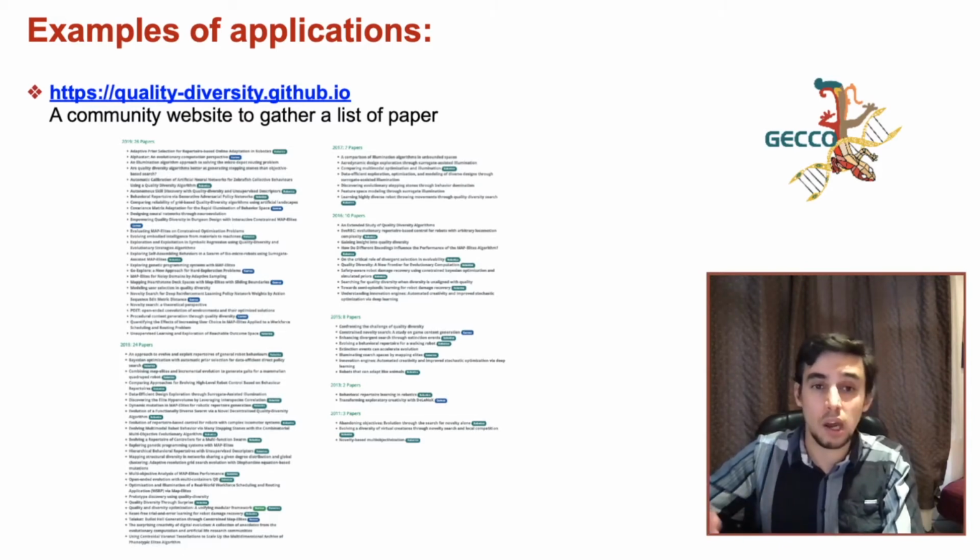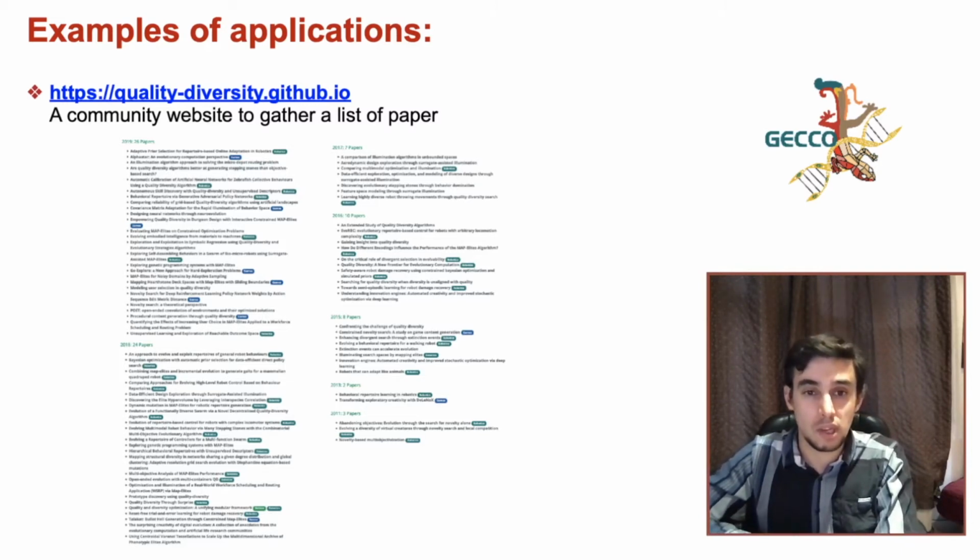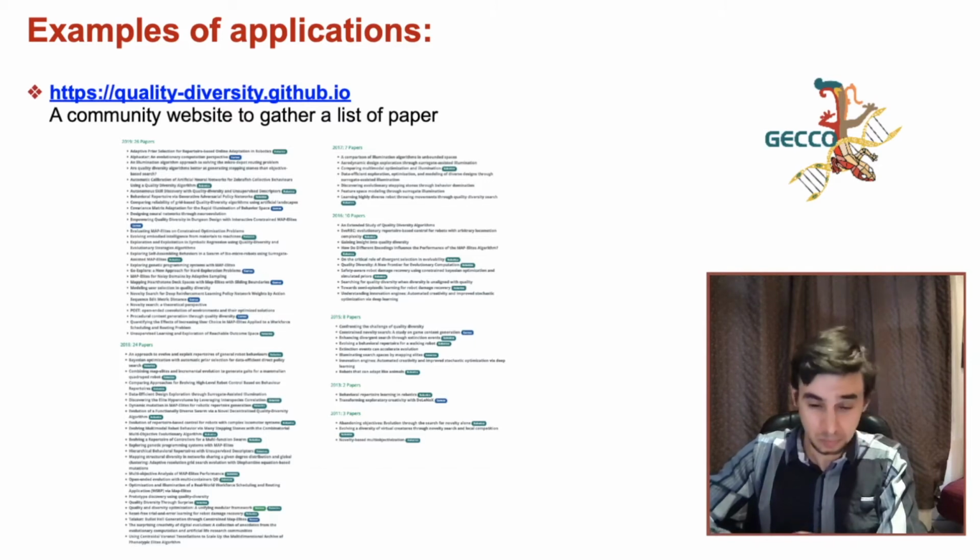If you want to add your own favorite paper to the list of papers that we display on this website, feel free to raise a pull request or an issue on the GitHub repository, and we will be more than pleased to add this contribution to the list of papers. We also have examples of tutorials, implementations, and libraries available online.